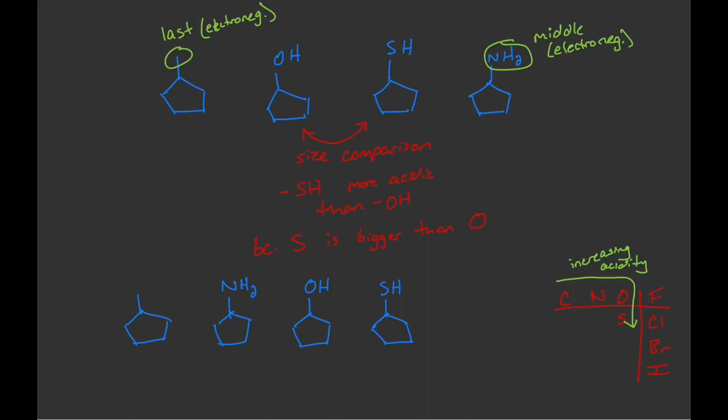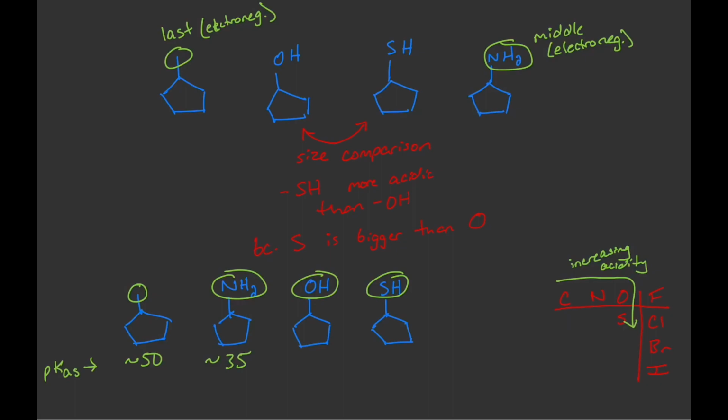Now, if we wanted to write out the pKa's of our groups here, for our methyl group, the pKa is around 50. The pKa of amines is around 35.